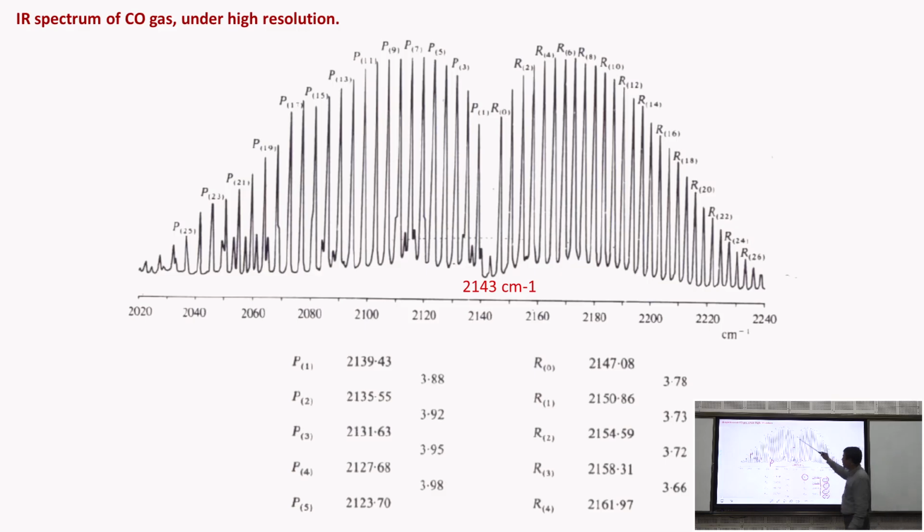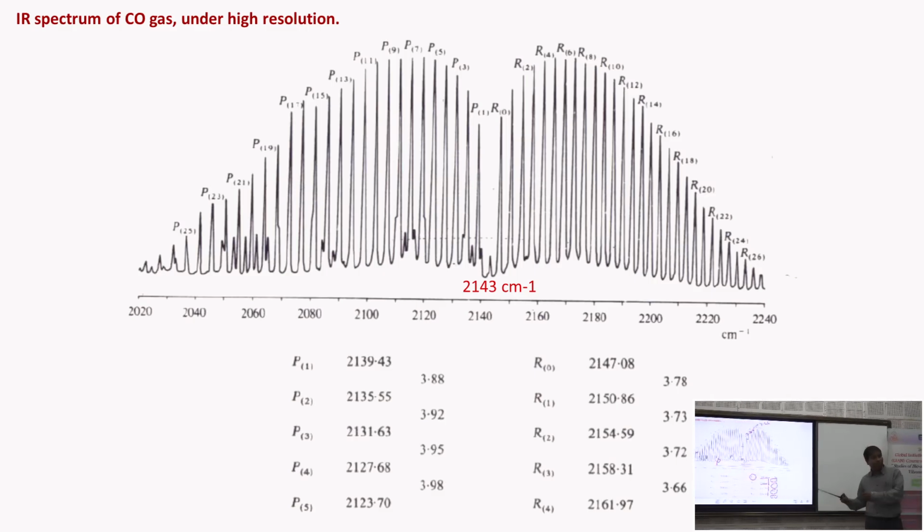It started here at 3.78, and the difference between 3 and 4 is 3.66. That means whatever you are proposing is not correct, is not able to describe this. Then again you have to think, where is the problem?